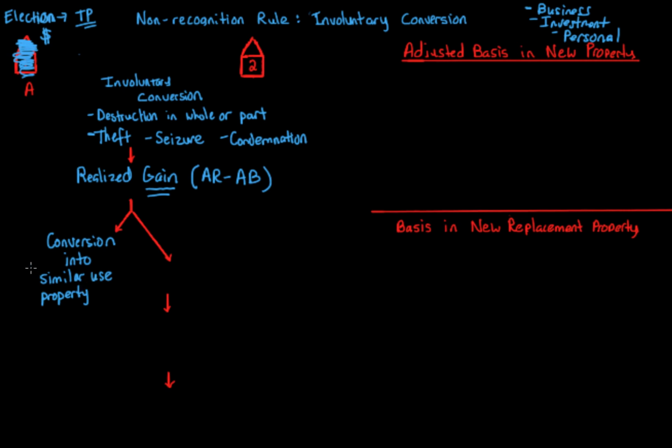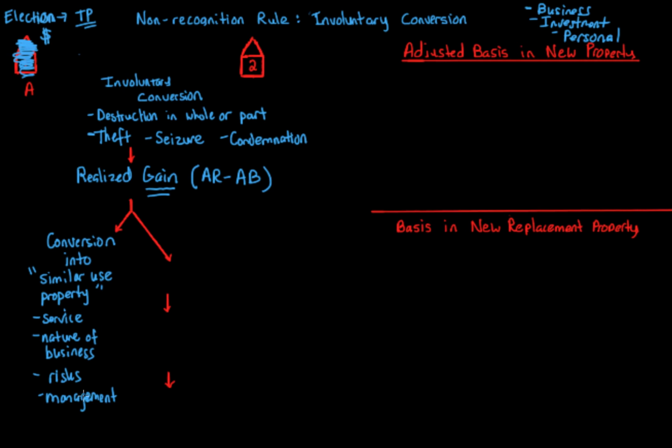So first I want to talk about what is similar use property. Similar use property, under a revenue ruling that's been around for a while, focuses on a subjective notion. There's different tests out there, but it focuses on whether properties are similar with respect to service for the taxpayer, nature of business, any risks involved, or management factors.